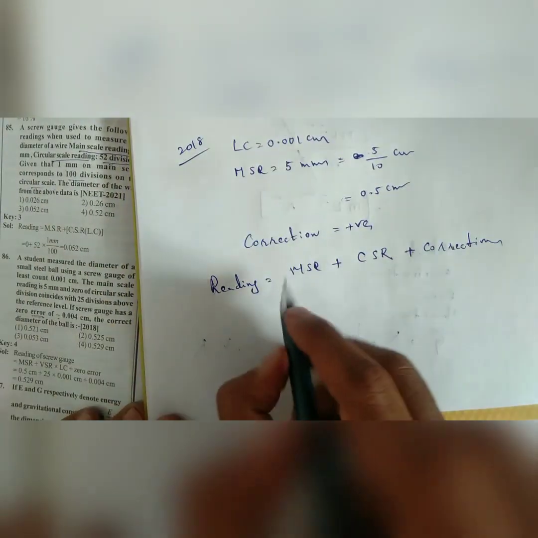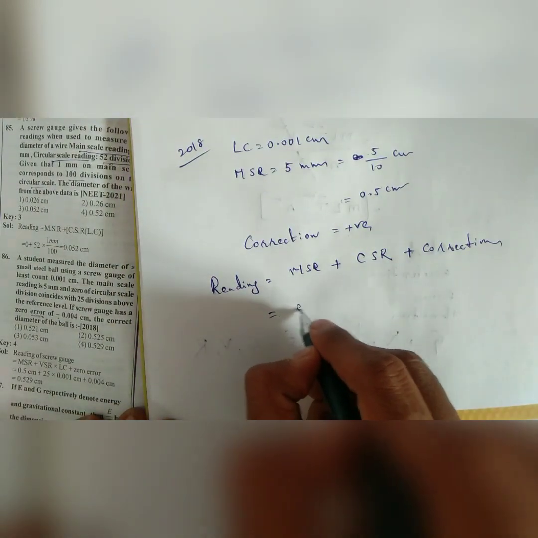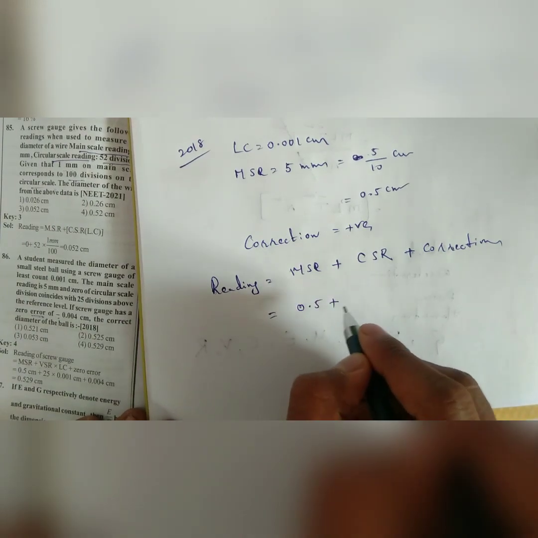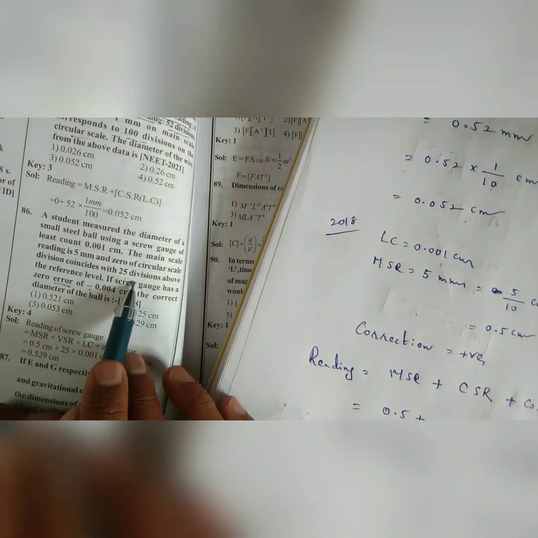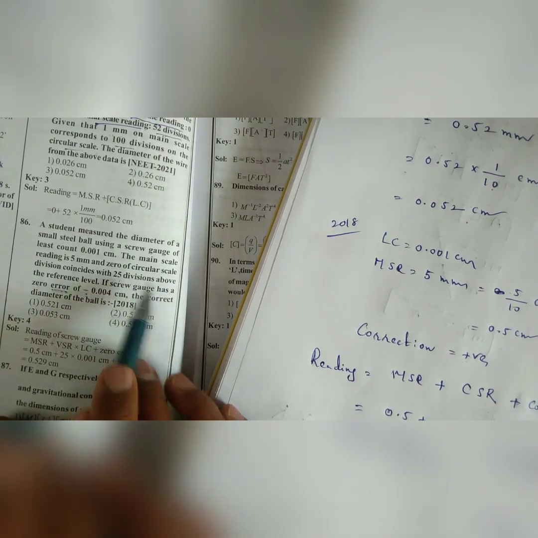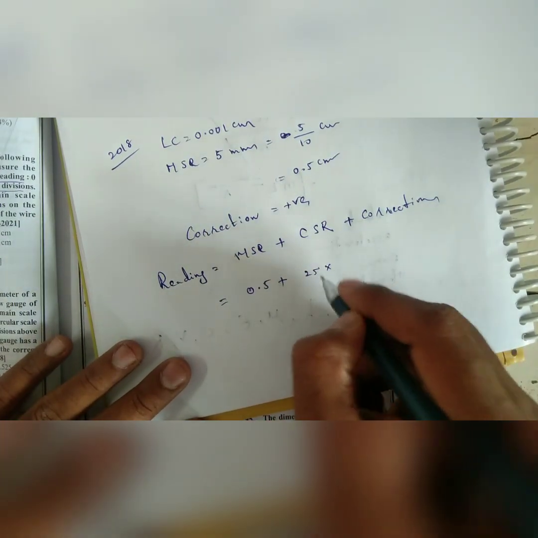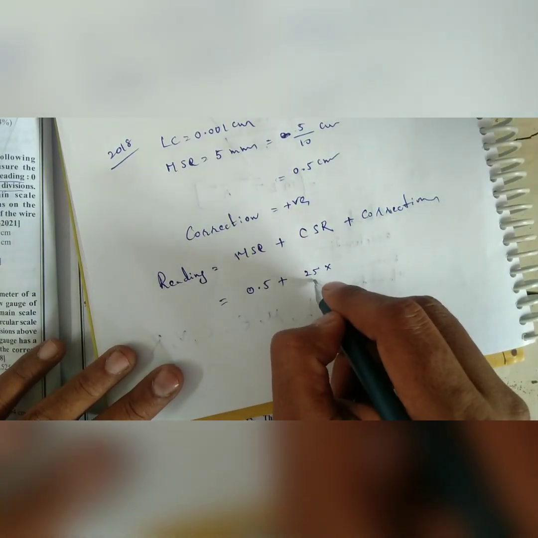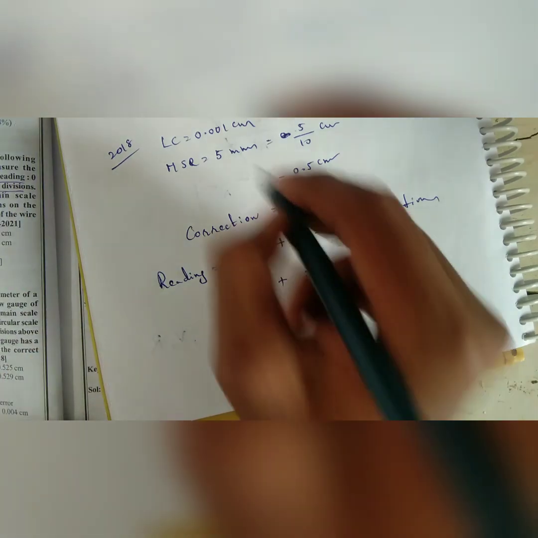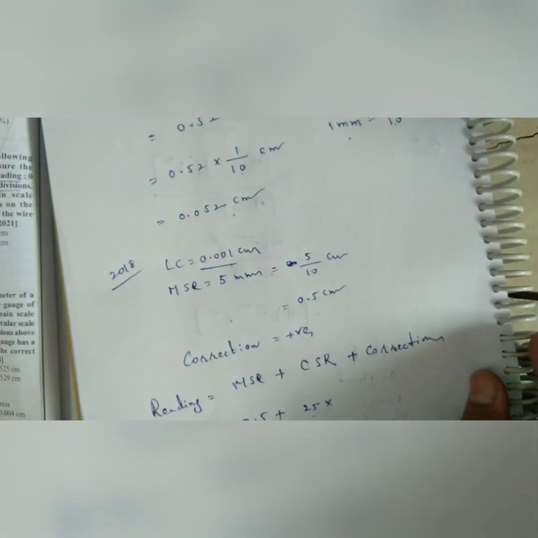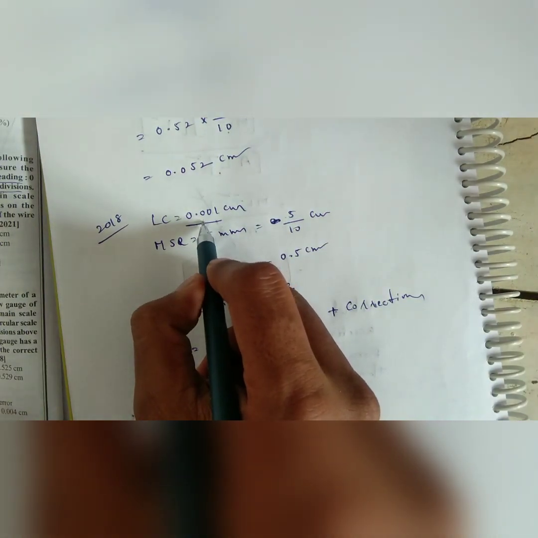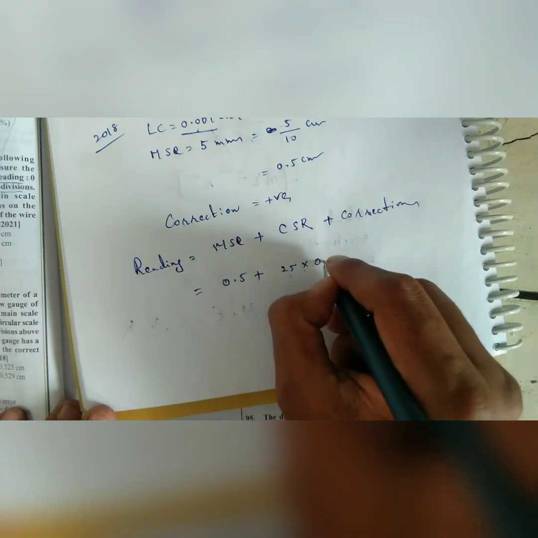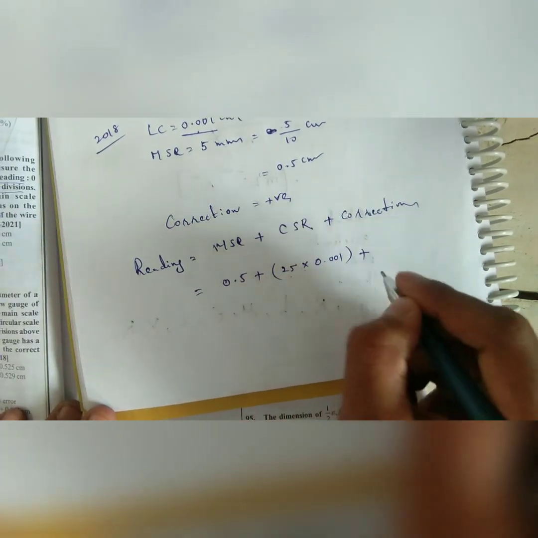Now MSR is given as 0.5. CSR is the coincidence, which is 25 divisions, into the least count. What is the least count given in the problem? 0.001. Plus, what is the correction?